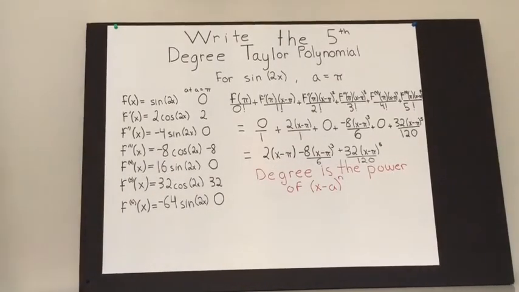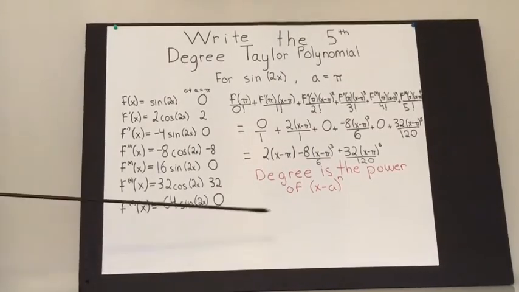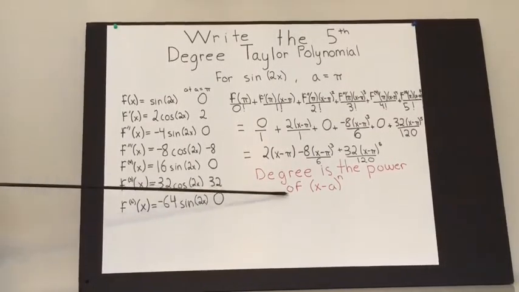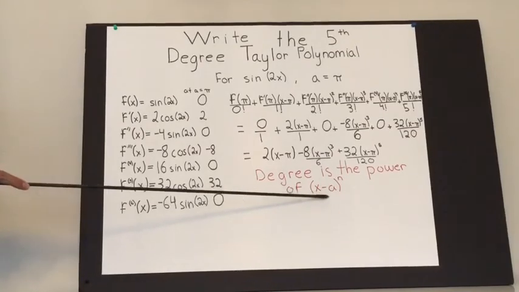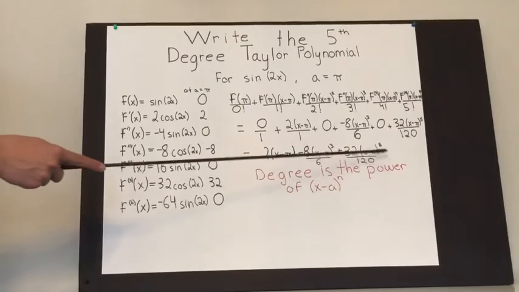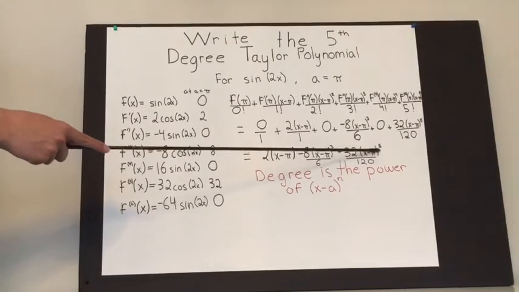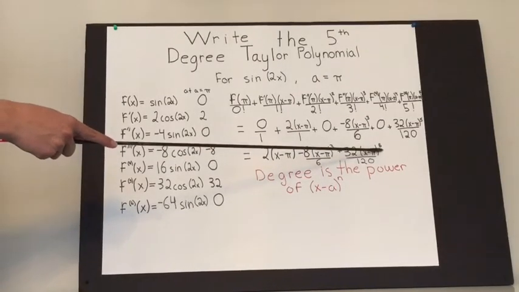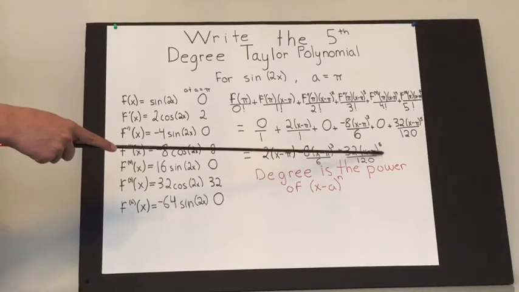So here, what I was saying before is that even though it does not have 5 terms, it is of degree 5. So this is very important. The degree is the power of (x-a)^n, such that you can see here, the 5th degree polynomial has a power of 5 where (x-a)^n is.